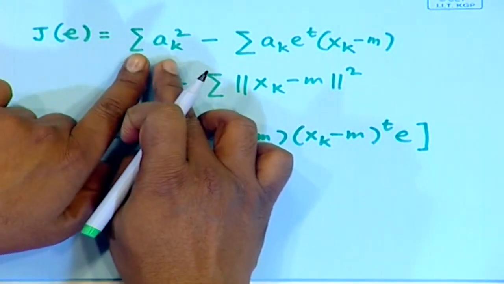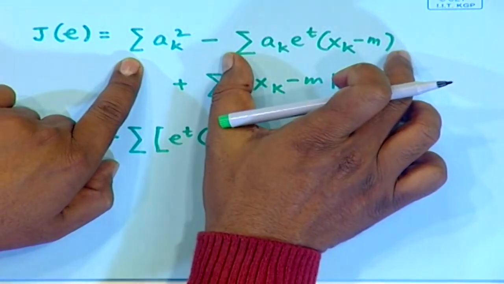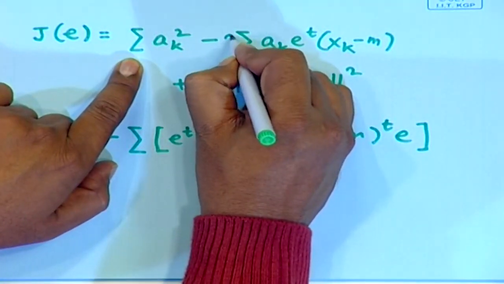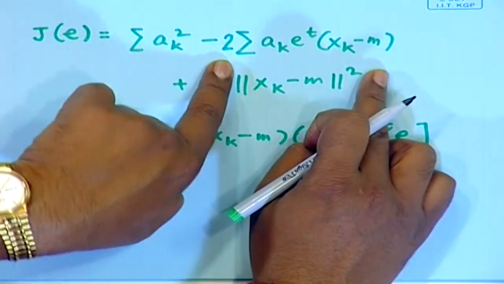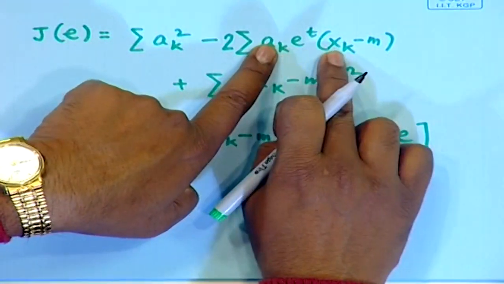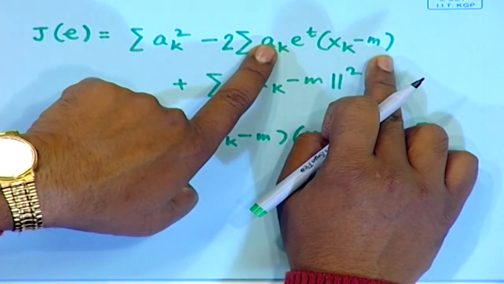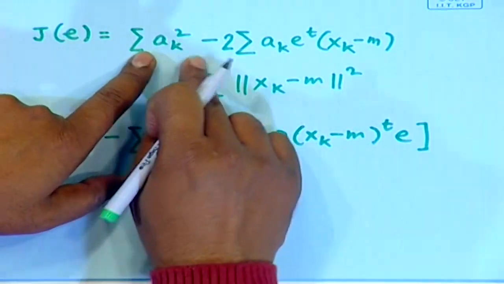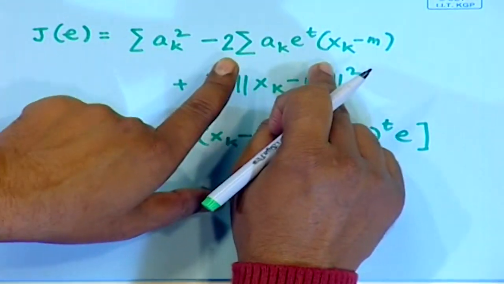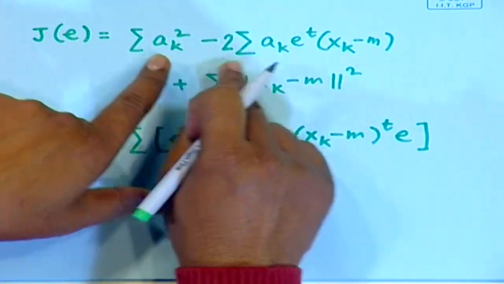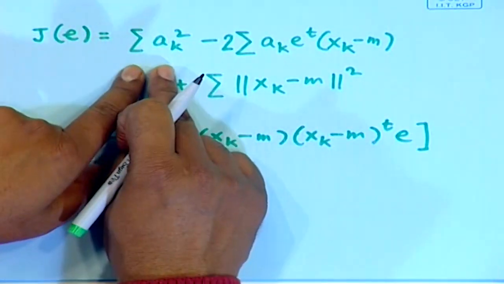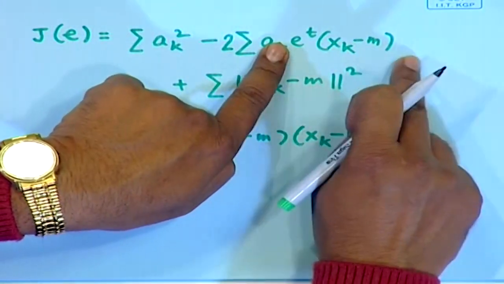See, here this is ak square, this is minus, there should be a 2 over here, minus 2ak square, because E transpose xk minus m is nothing but ak. So effectively I have minus ak square plus ak square minus 2ak square. So I have minus ak square, and ak is nothing but E transpose xk minus m.